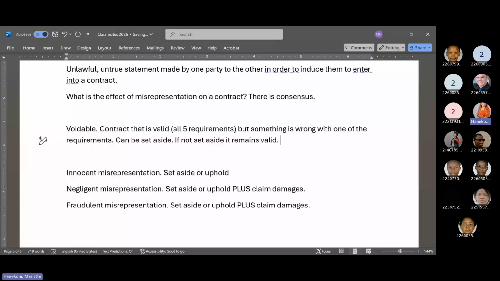If it's set aside, it remains valid. God, please, please, please understand this. An avoidable contract is valid. If it's set aside, then there will be restitution. But if it is not set aside, it remains valid and enforceable. Please understand this.